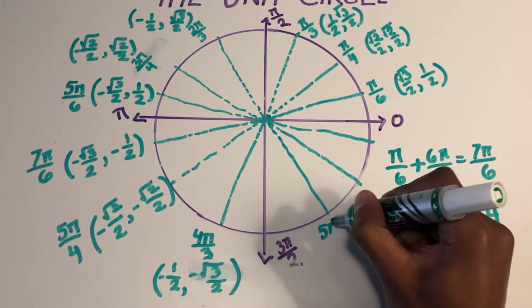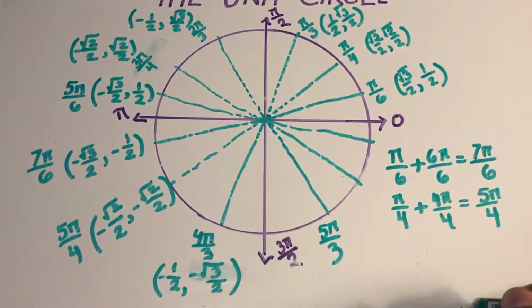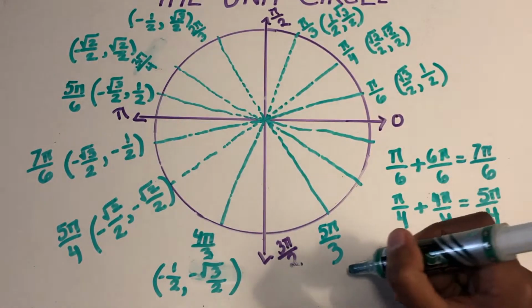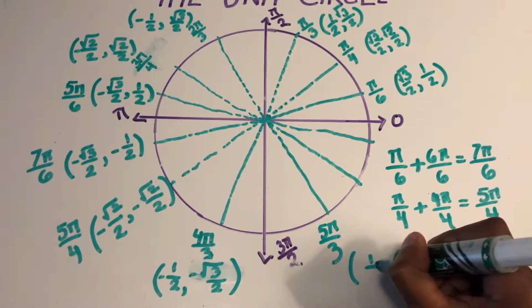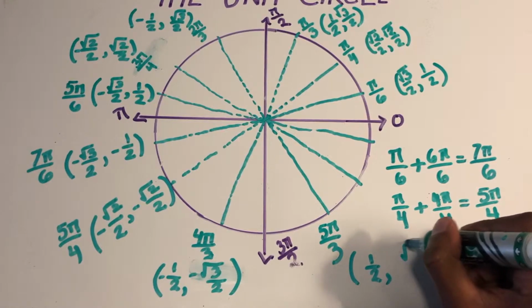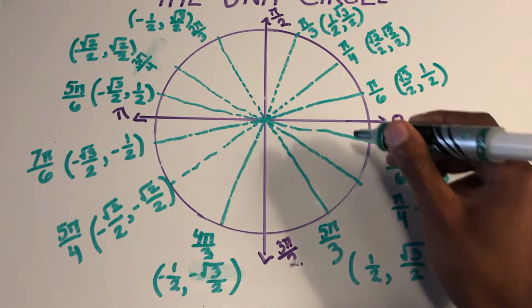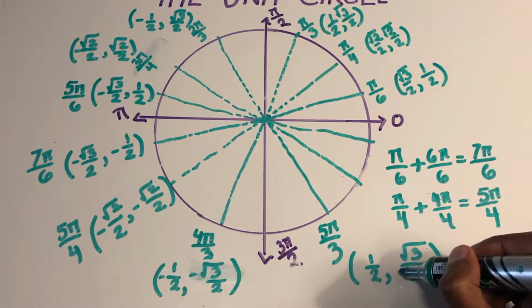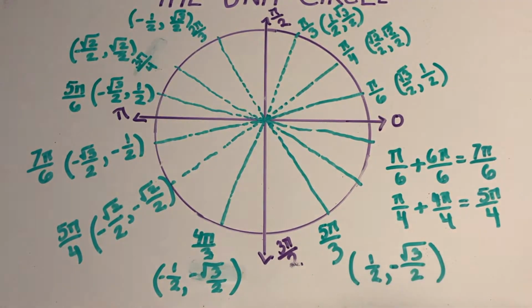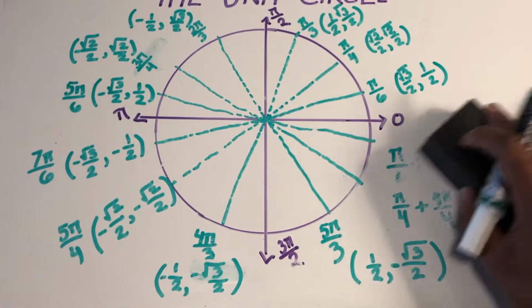So we have 5 pi over 3. The corresponding ordered pair is half and root 3 over 2. Positive x-axis, negative x-axis, negative y-axis. I can erase this since I don't need this anymore.